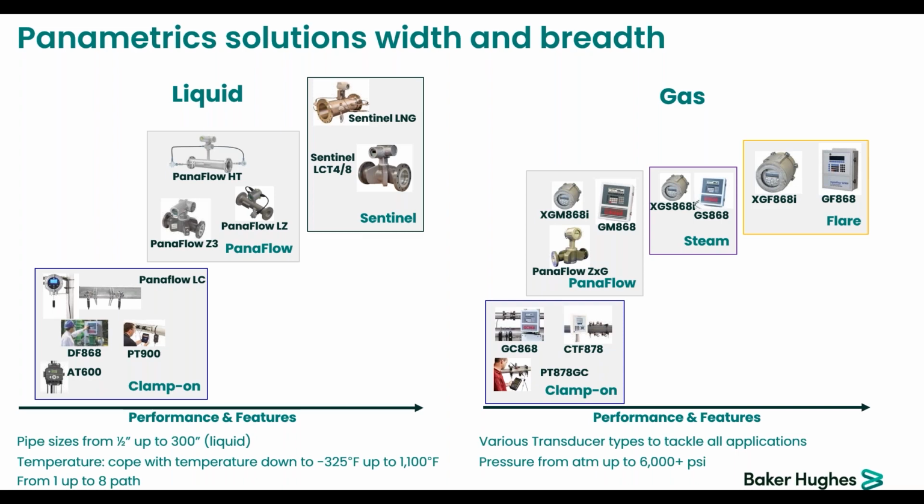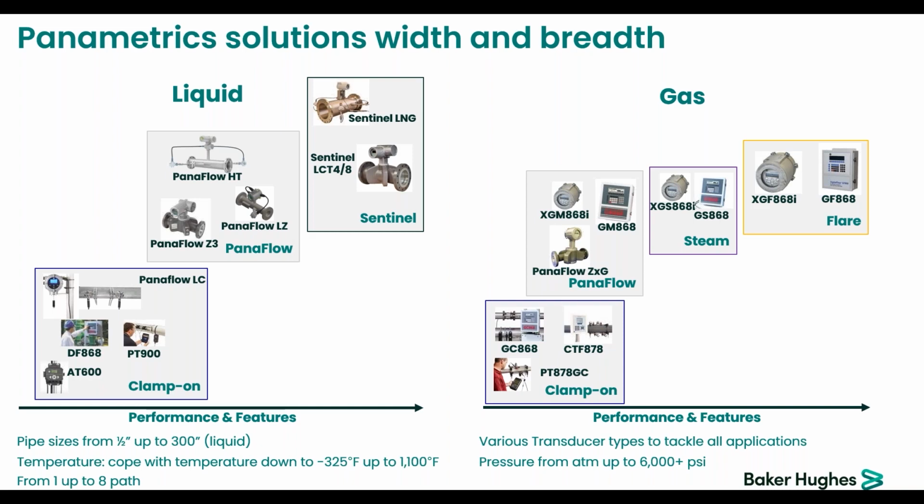So for liquid, we start at 1/2 inch and we can go to very large sizes. So 300 inches is a possibility. It typically happens on the very large cooling water lines, or you can also see that in power generation on the penstock. The penstock, to my experience, is where you have the largest diameters, just downstream of the dam.